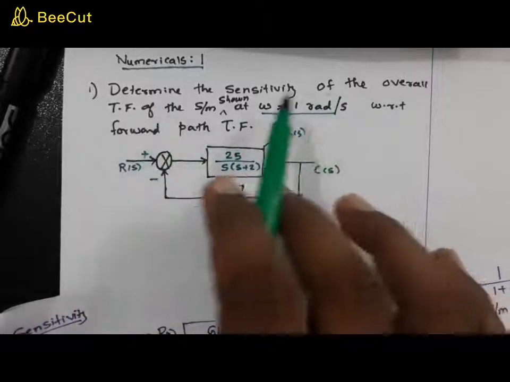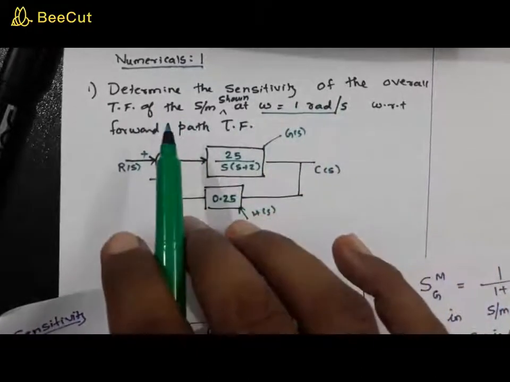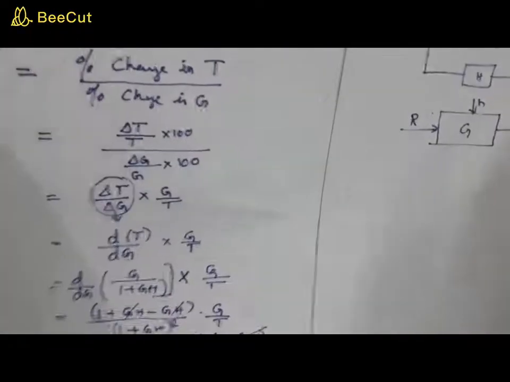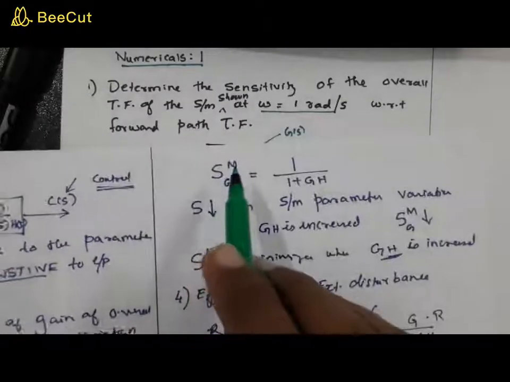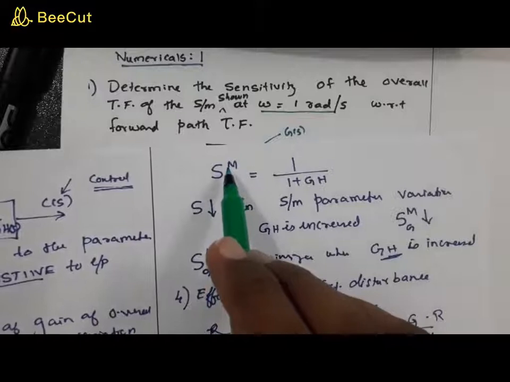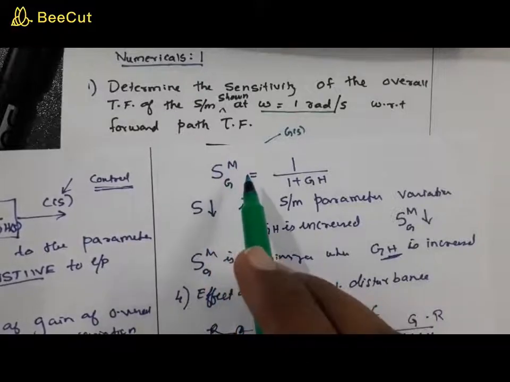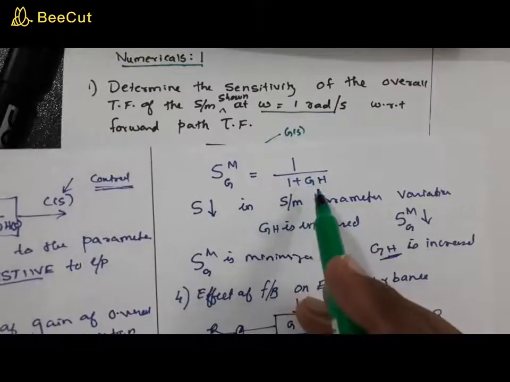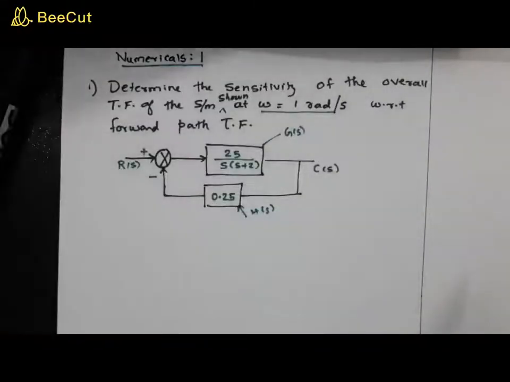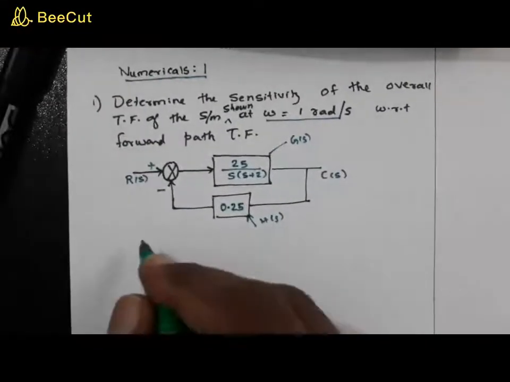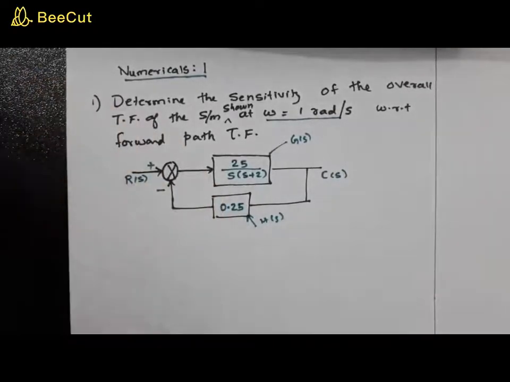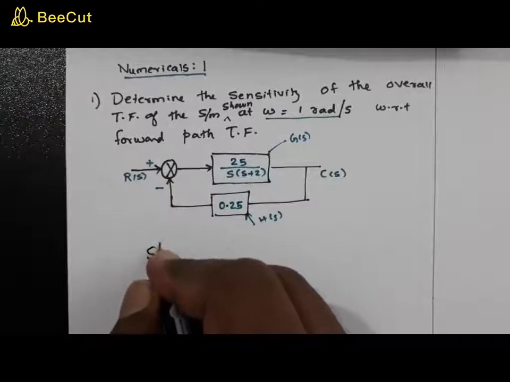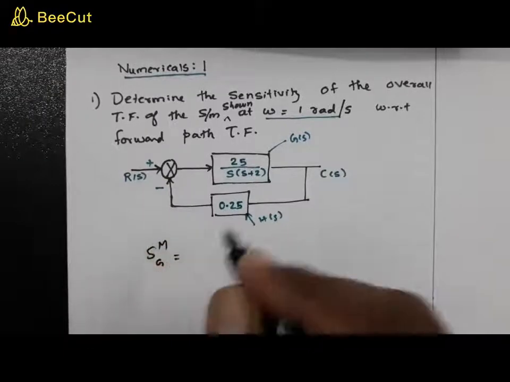So this is the sensitivity of the transfer function with respect to the forward path, and is given by S suffix G raised to M, S_G^M, is equal to 1 by 1 plus GH. This you have already derived, so that sensitivity, S_G^M, is what is being asked.